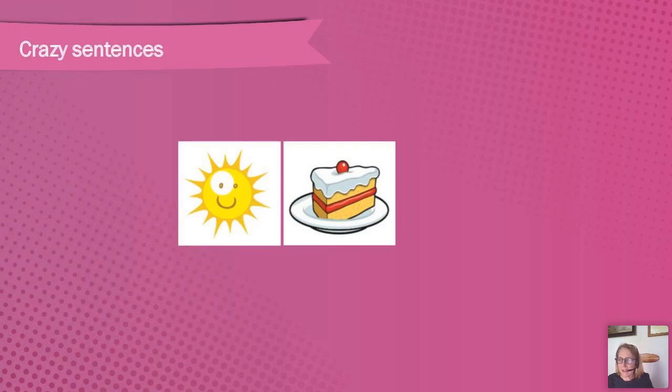The sun melted my cake. Oh, it's too hot. The sun melted my piece of cake. Oh my gosh, it's going so fast I can't read. It's too hot to have cake. The sun melted my piece of cake. Great. So you can see this allows your students to be creative, and they can write anything that they want.